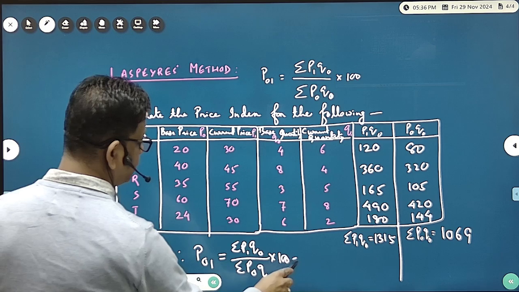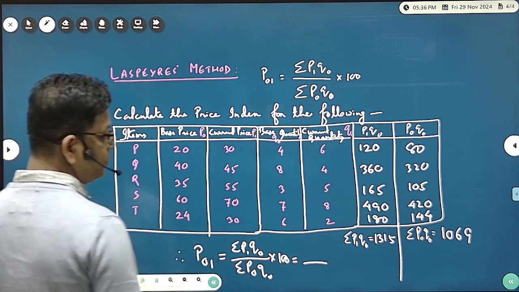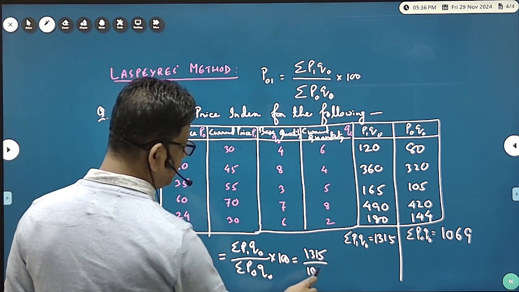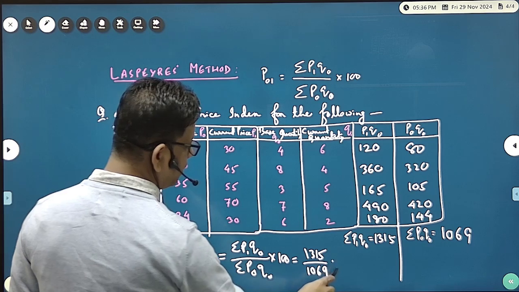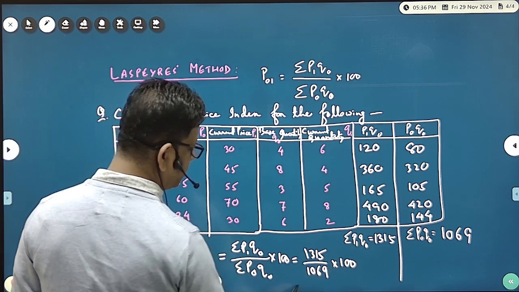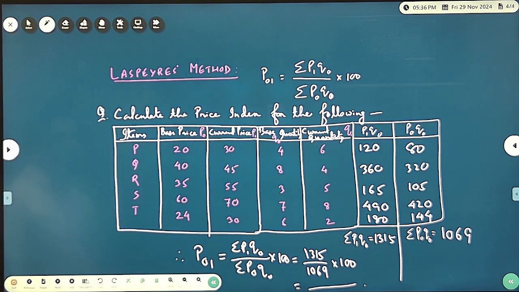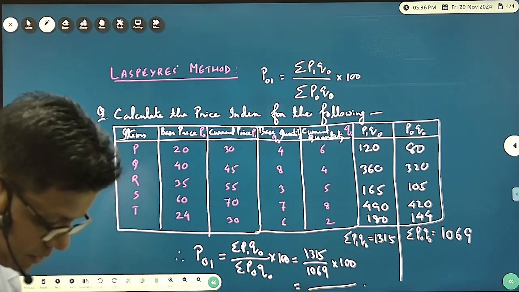So just put in these values that you already got. P1 Q naught is 1315 and this one is 1069, to be multiplied by how much? 100. The rest of the things are only calculation. Whatever number you get, that is the required price index.